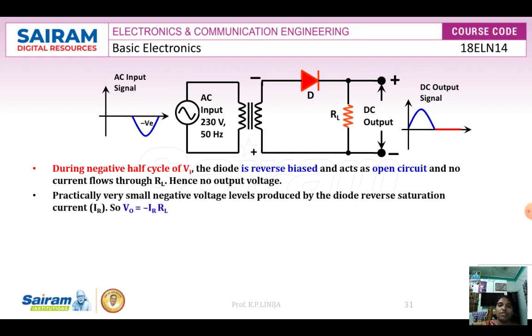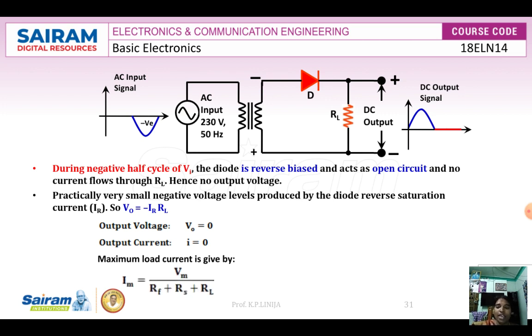Practically we get a very small voltage level, V naught equal to minus IR into RL. Therefore, output voltage is 0 and output current is 0.